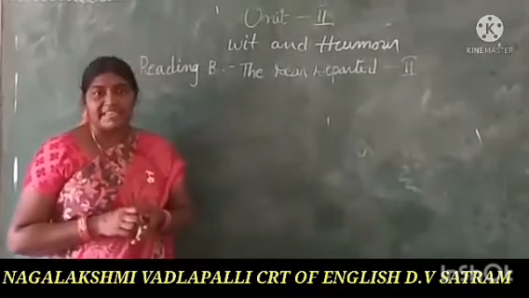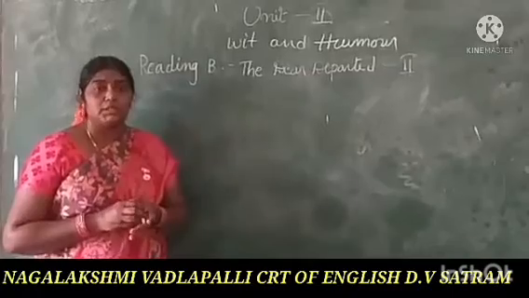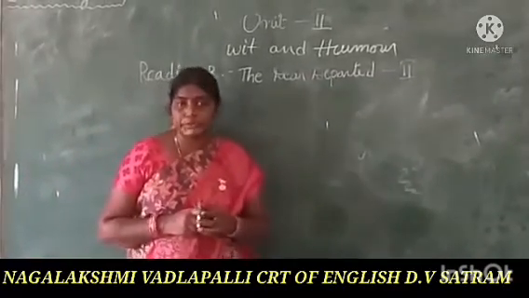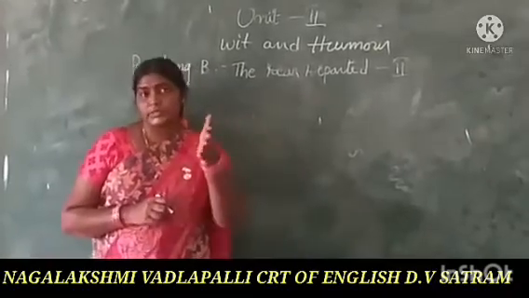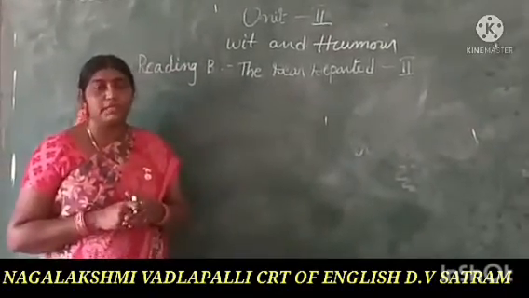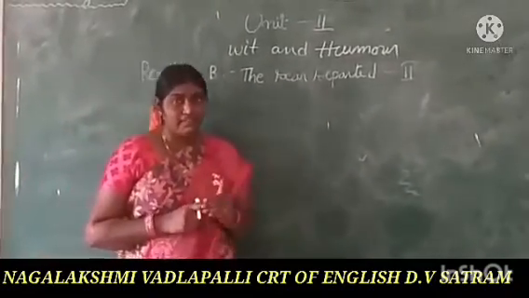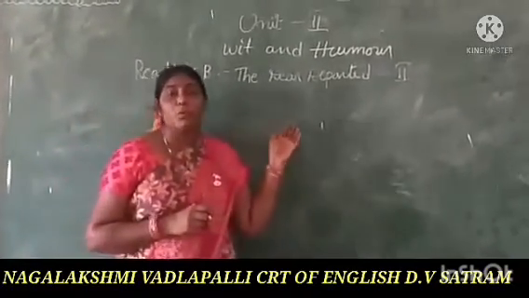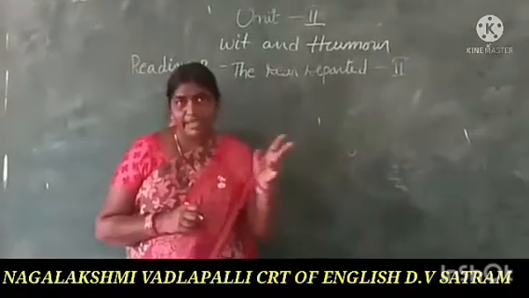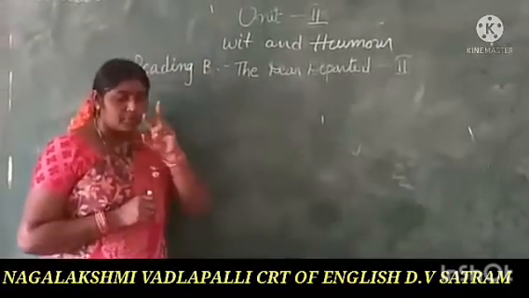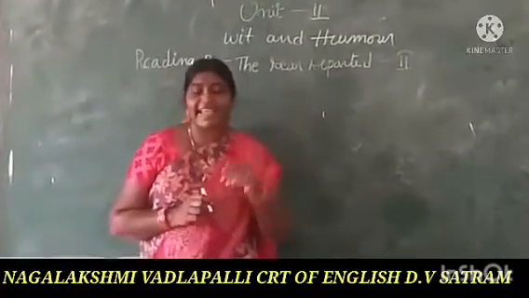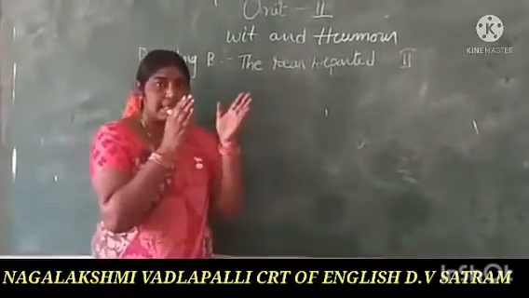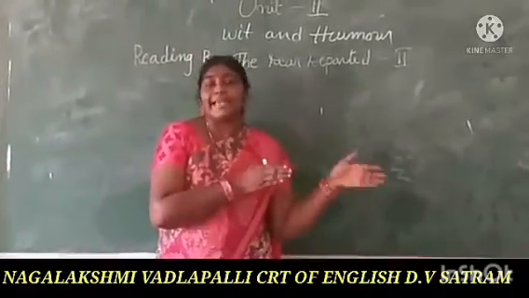So, in our previous class, we started a new unit, Unit 2. The theme of the second unit is wit and humor. Under wit and humor, we have to discuss The Dear Departed 1, a one-act play. In the first part, we saw the characters.